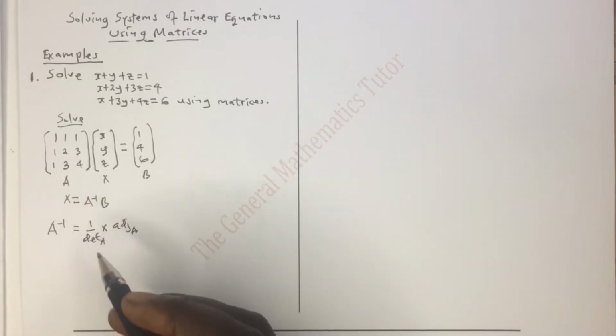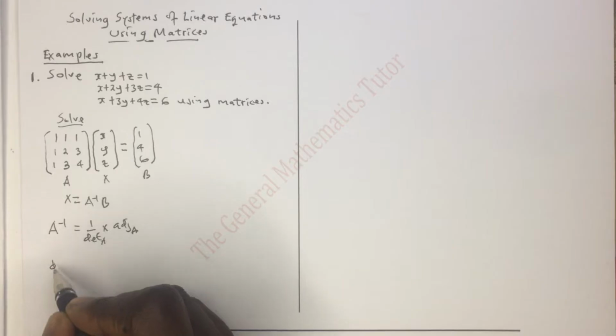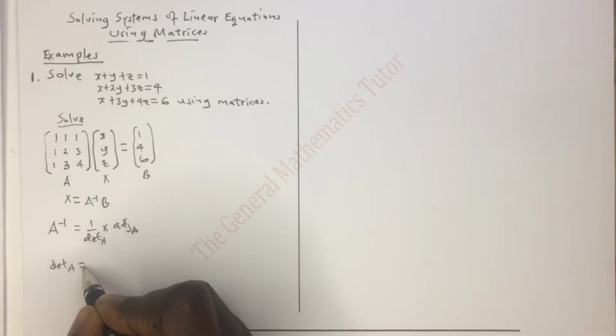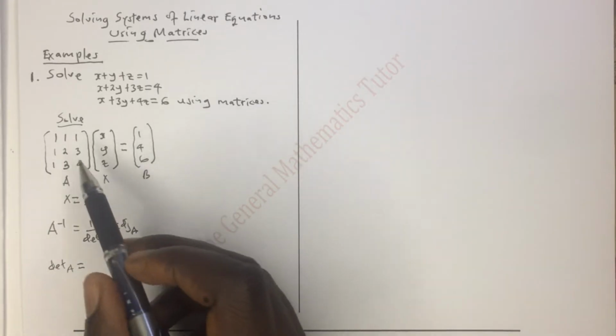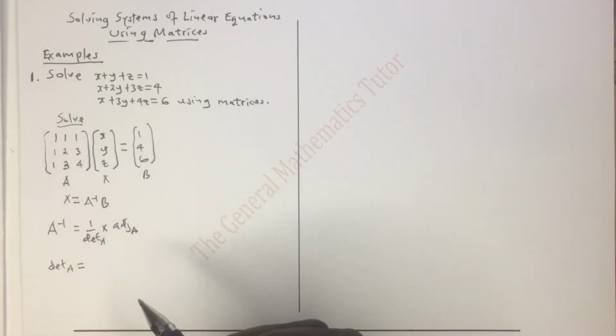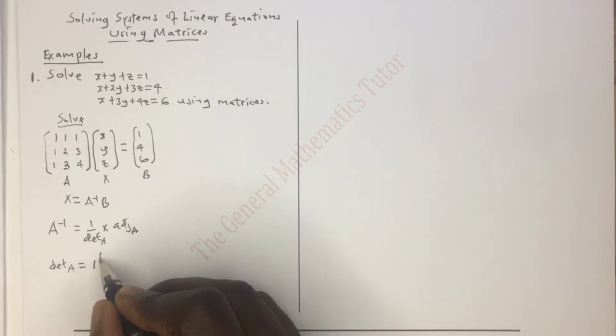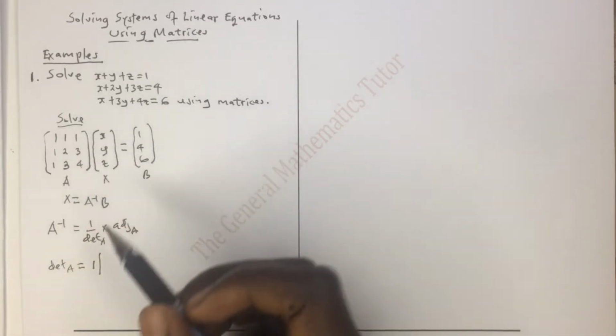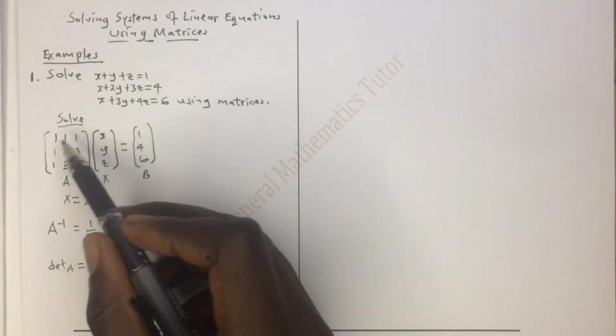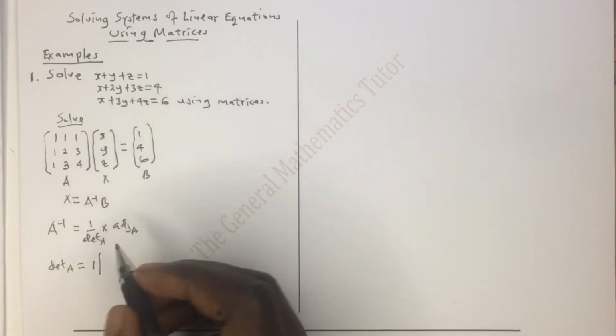So let us start by obtaining the determinant of A. In this case, you're going to use the elements in the first row. You're going to take the first element, which is 1, times the small matrix that is left when you cover its row and its column, that is 2, 3, 3, 4.